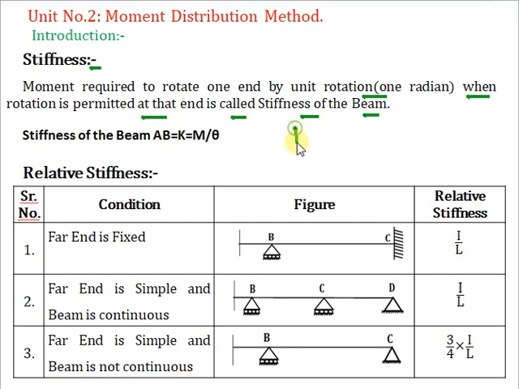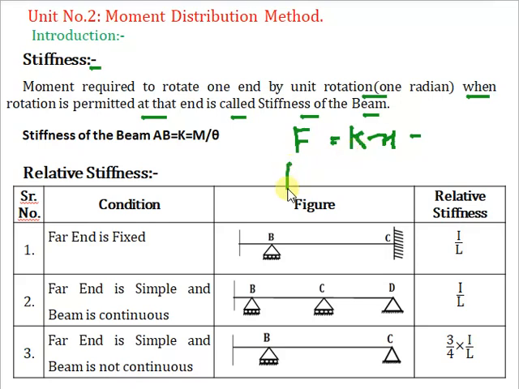So we know in 12th the spring force equation, F is equal to K into X. So this is the equation we know for the spring force, F is equal to K into X, where K is the spring constant.